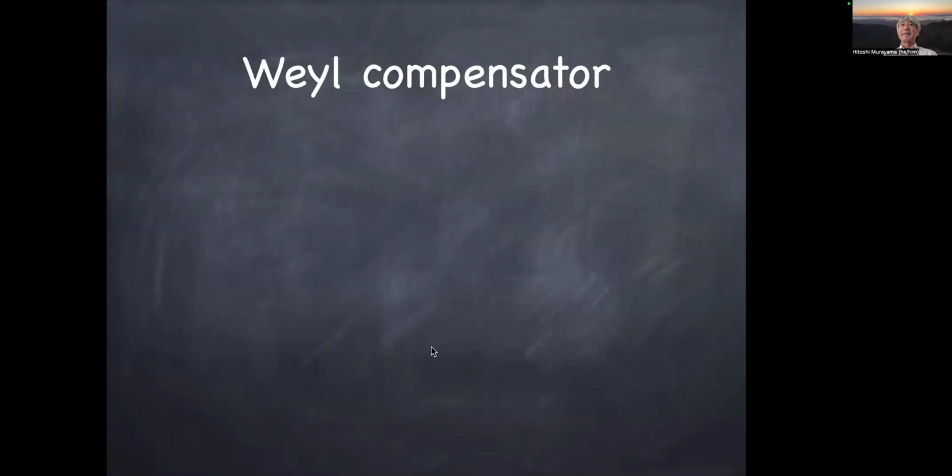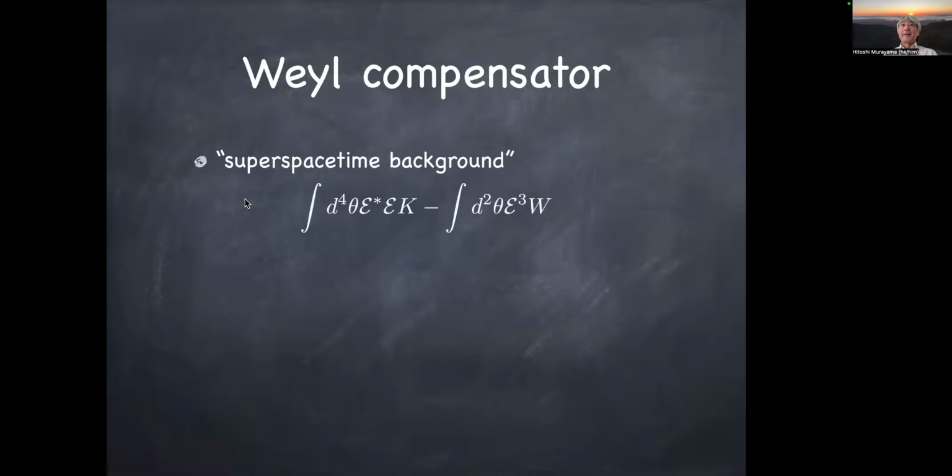And the way it works is the following. We basically introduce a space-time background, but in superspace. So space-time is still Minkowski flat space-time, but in the theta direction, it's curved. That can be captured by the analog of square root of minus g in general relativity.